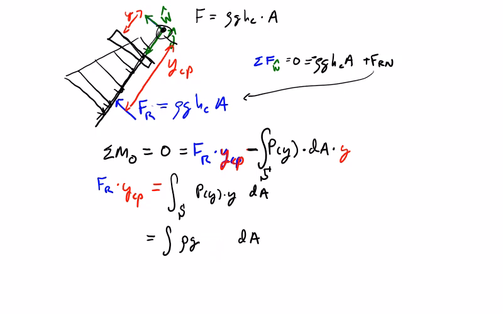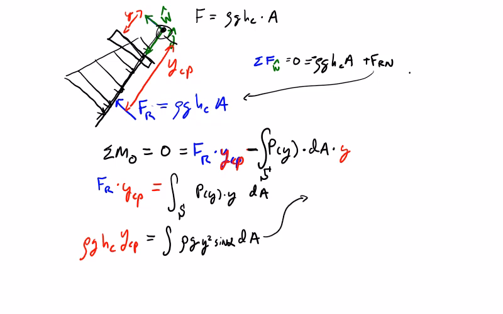So we could actually change this to y squared sine alpha. All right? We know that this is still ycp over here. And we also know that this is rho g hc, right? Okay, so let's keep simplifying.